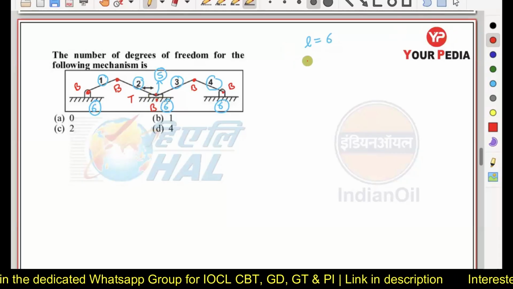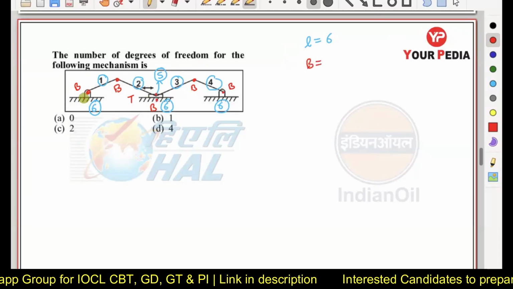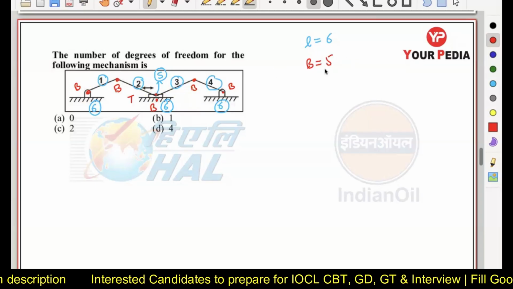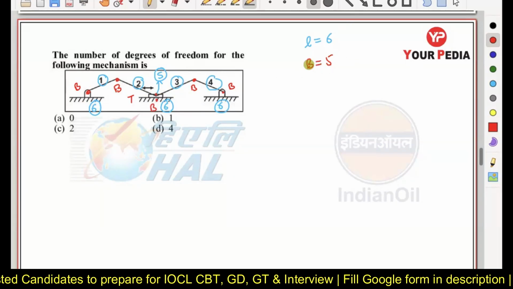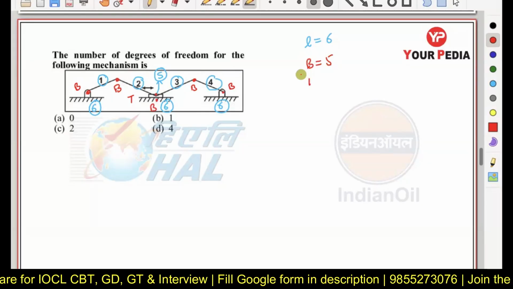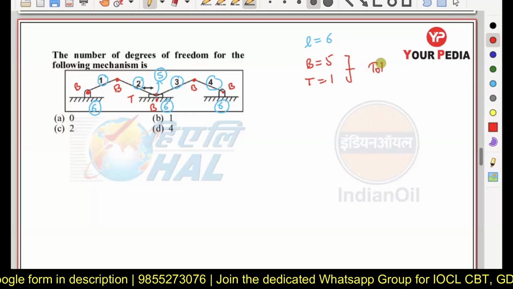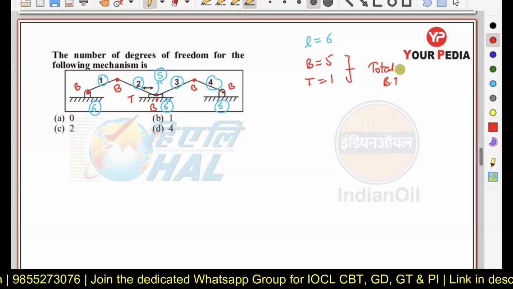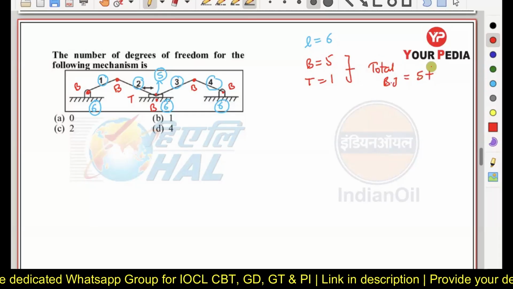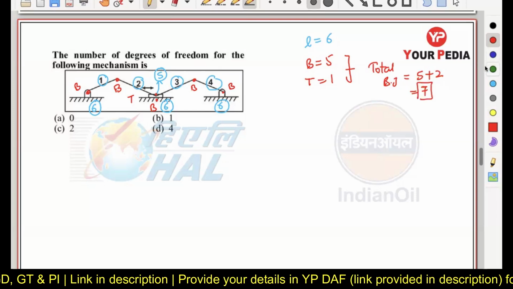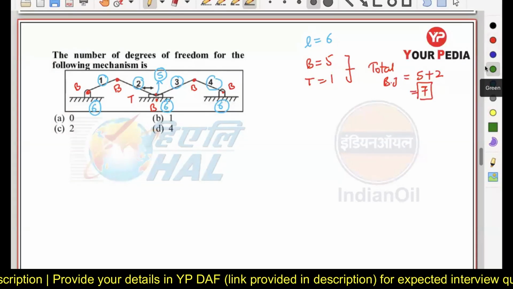So I can say the total number of binary joints are going to be 1, 2, 3, 4, 5. Total 5 binary joints are there, along with one ternary joint. So I can say the total binary joints are going to be 5 plus 2, that is 7 here.